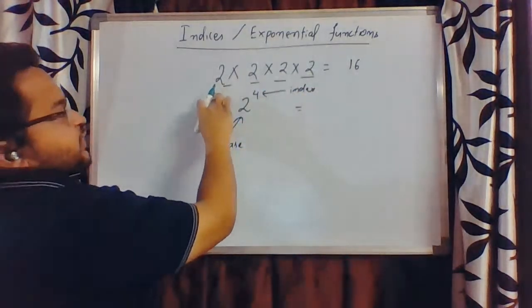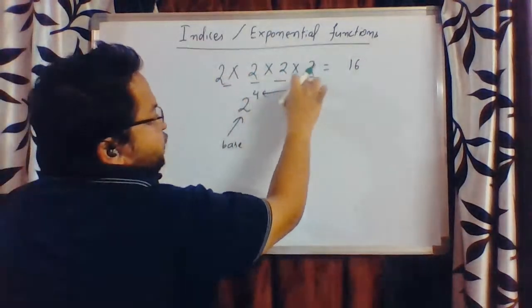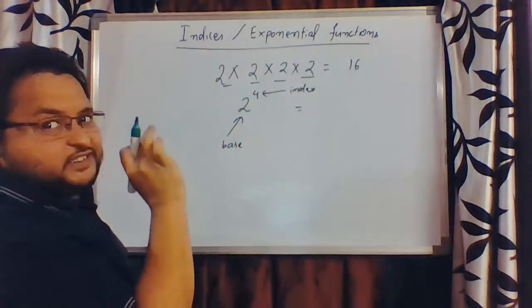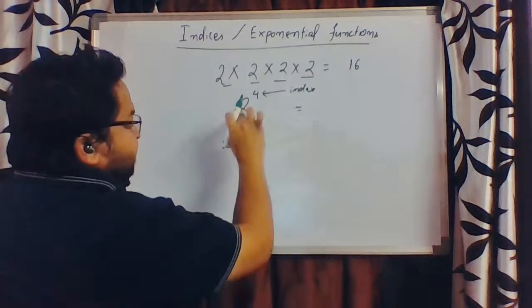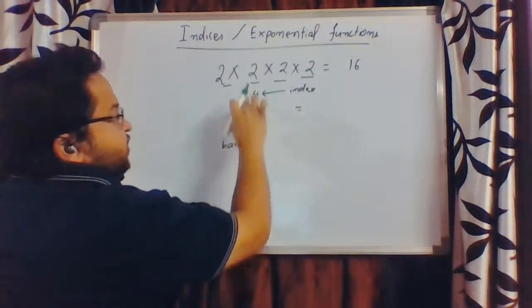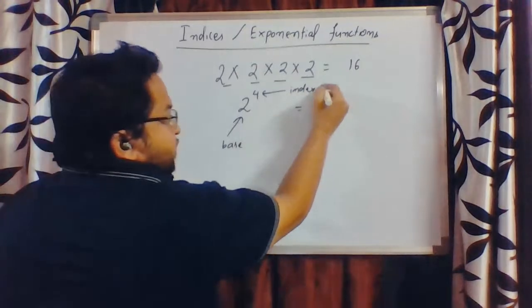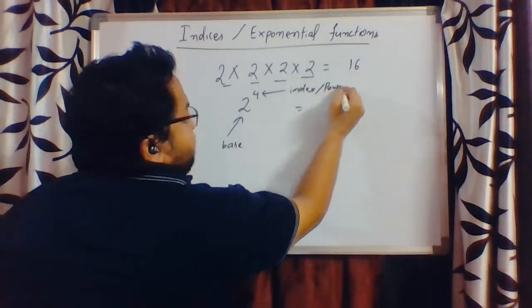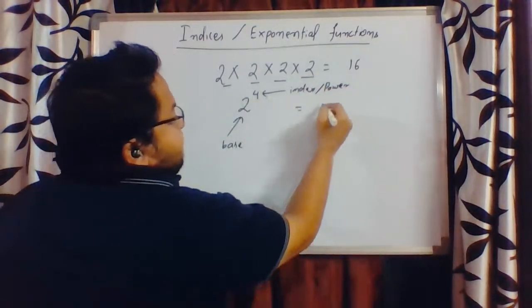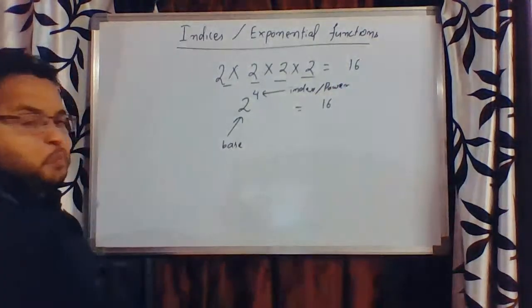So rather than writing 2 into 2 into 2 into 2, 4 times, the shortened mathematical notation for that is 2, which is the base, raised to the index or power. People say index or power, and whatever we get, that's the value, that is 16, right?